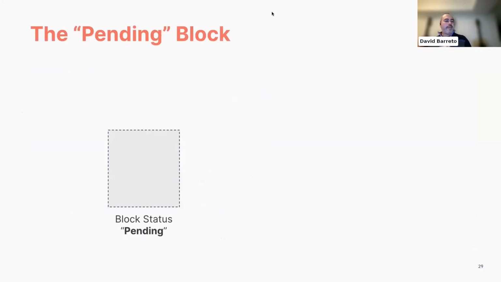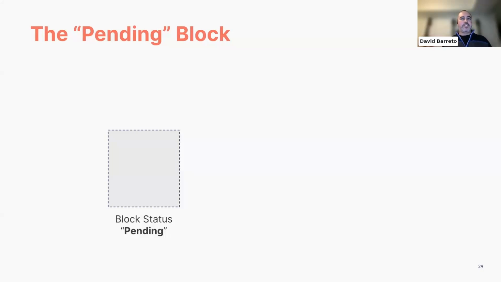I haven't talked about the pending block, and this is important to understand the difference between a transaction being executed and considered accepted on layer 2 versus block creation. Those things are not the same. On Starknet, the first status that a block will have is pending.